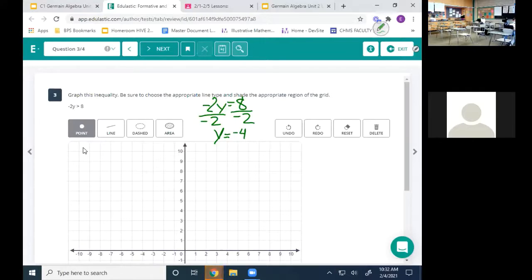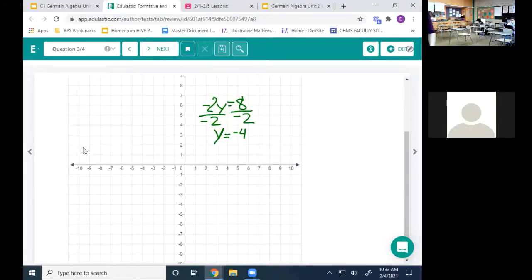So what type of line am I going to have? Which axis is it going to hit first of all? The y-axis. So it's going to be horizontal or vertical? Horizontal. So we're going to hit the point button, come down, and put a horizontal line at negative 4.